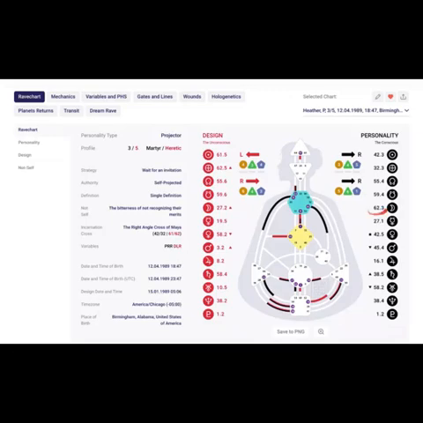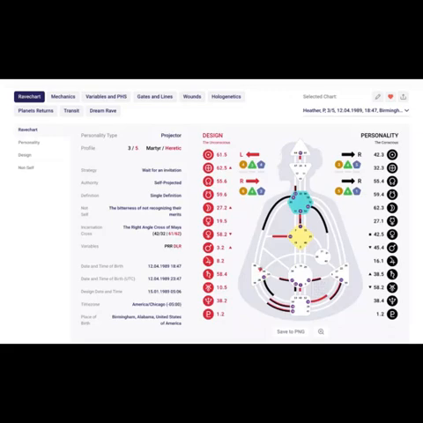These numbers here correspond with the numbers that are within each of these shapes or centers. So within each center, there are gates numbered, and when one of these numbers comes up in either of these sets of data, then it activates that gate within the Human Design body graph.